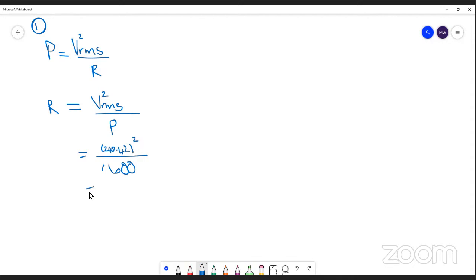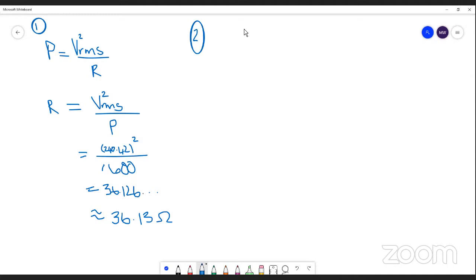If you plug that into your calculator, I get 36.126, blah, blah, blah. Always round off to 2 decimal places. So 36.13 ohms. So that's the one way that you can do it, using that formula.